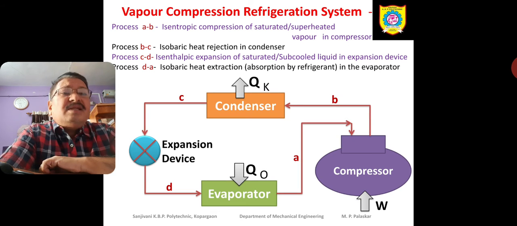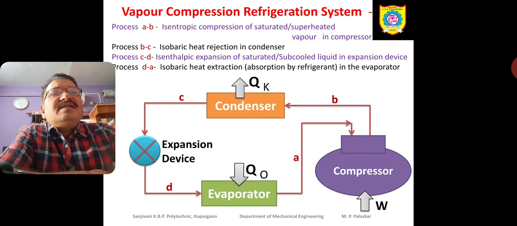So these are the various processes which take place in the vapor compression cycle, and these are the basic components used in a vapor compression refrigeration system: compressor, condenser, expansion device and evaporator.